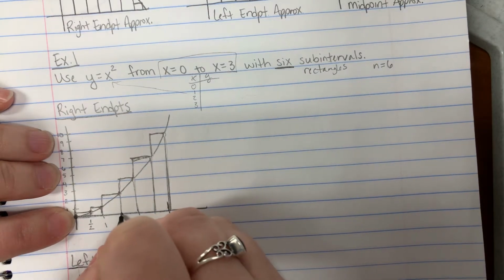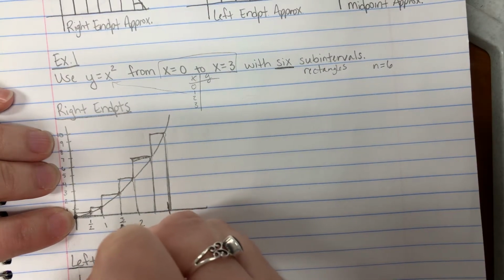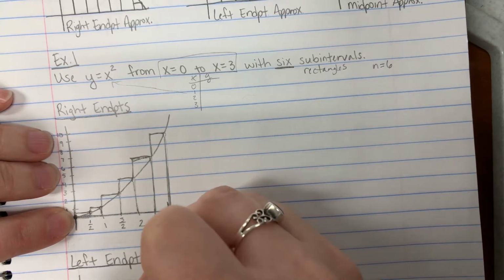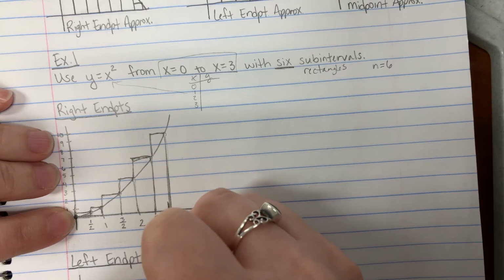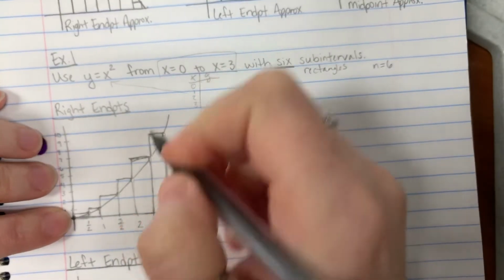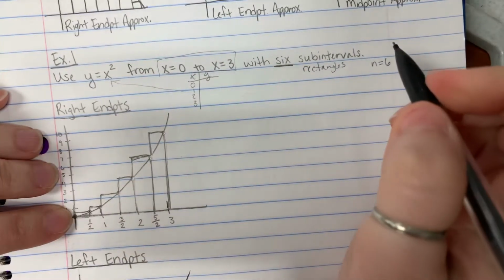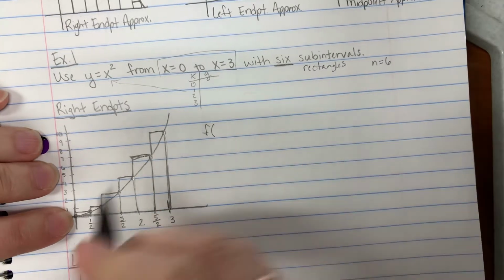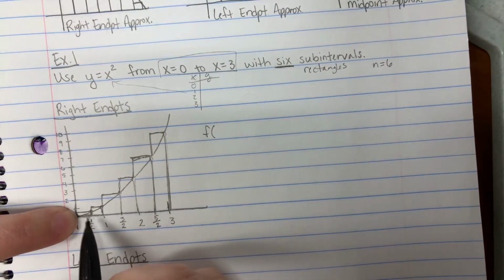So then that makes this endpoint 1.5 or 3/2. And then this endpoint is 2.5 or 5/2, right? So in order to figure out what my height is, my y value, I have to figure out what f of each of those values is. So right here I need to know what f of 1/2 is.